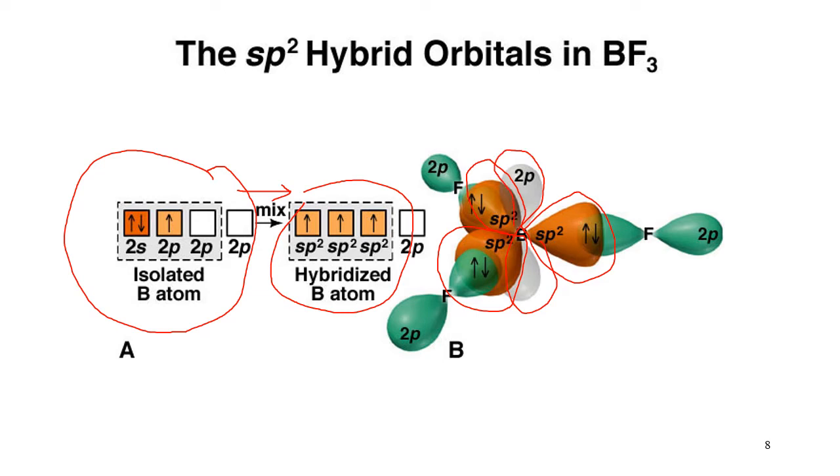Then the p orbitals from the fluorines overlap with these 3 sp2, 1 2 3, to form BF3.